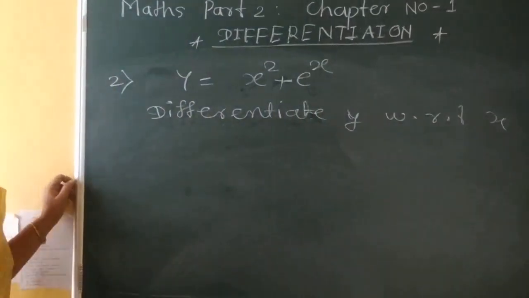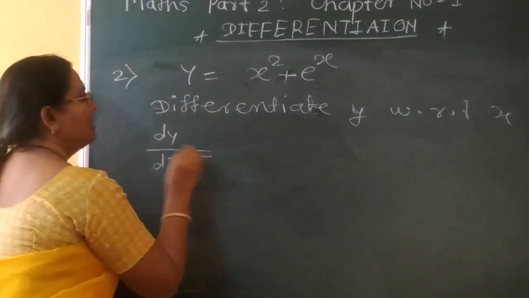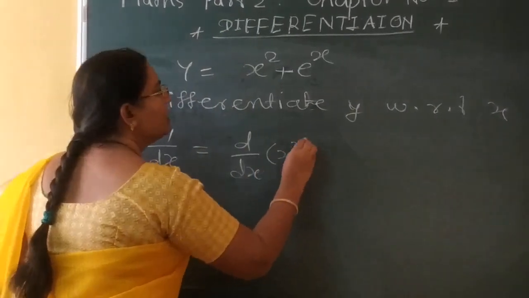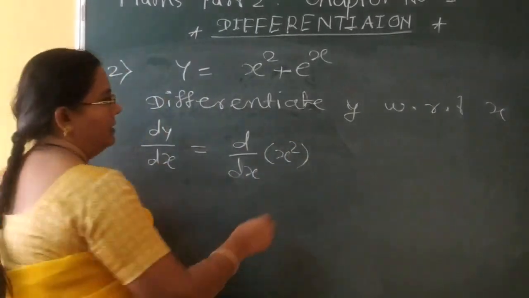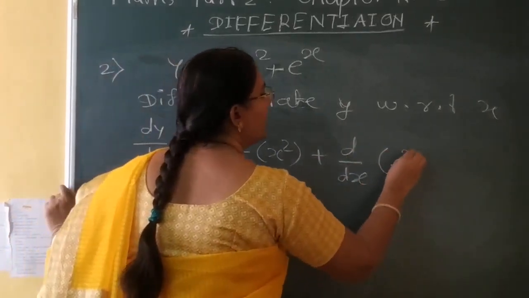We get dy by dx is equal to d by dx of the first function, that is x square, plus d by dx of e raised to x.